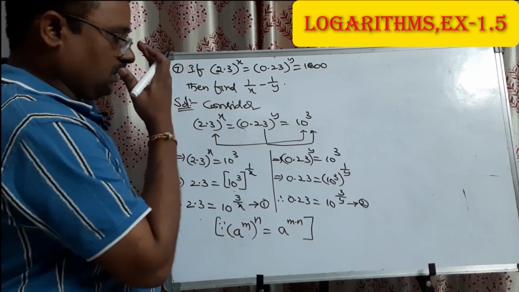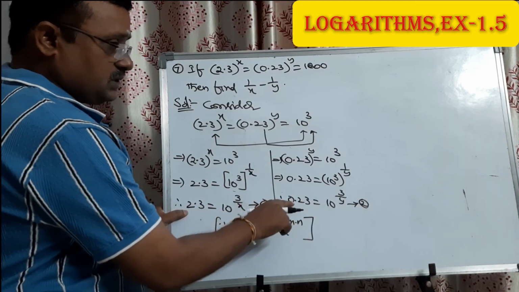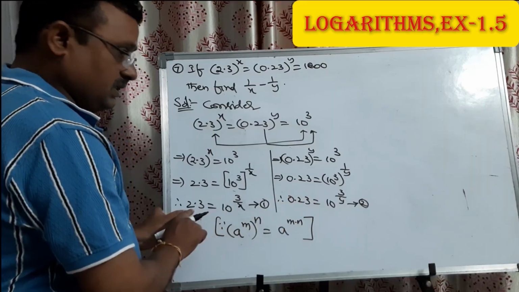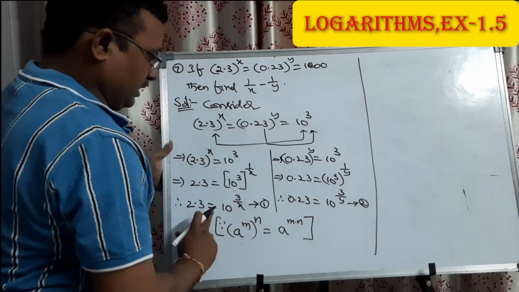Now, to get our required condition, this is 2.3, this is 0.23, so this one is the bigger value. So what I am going to do is equation 1 by equation 2.